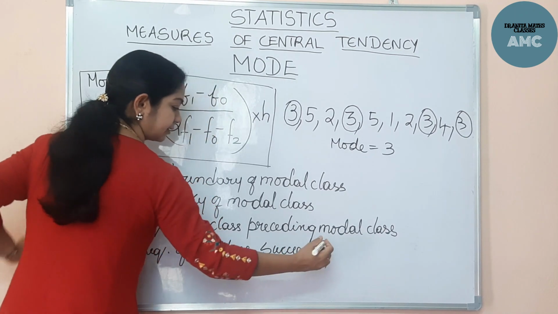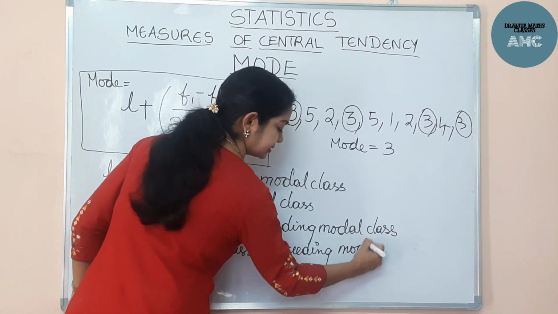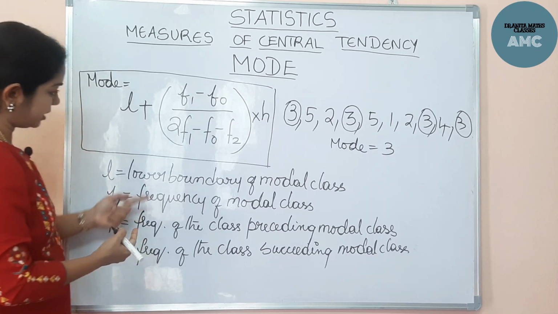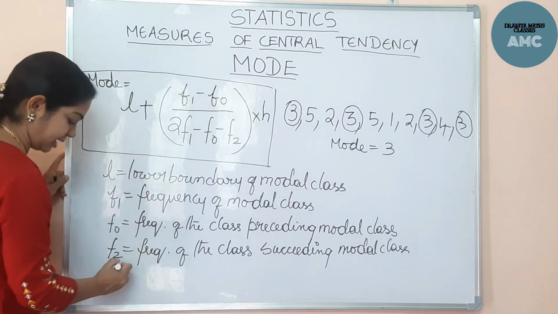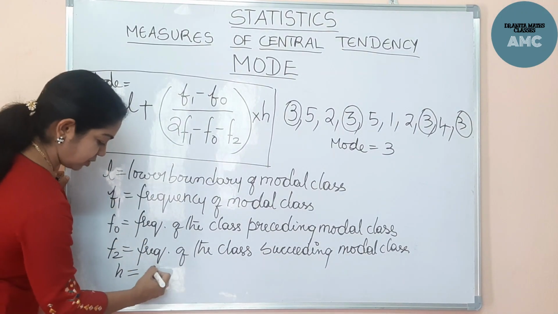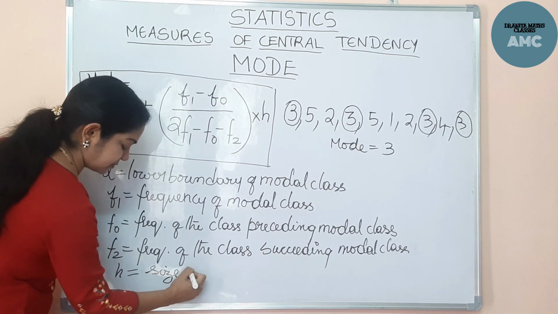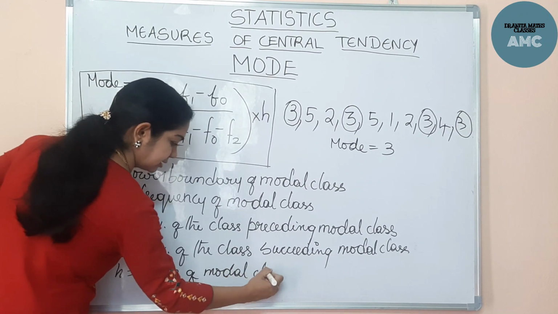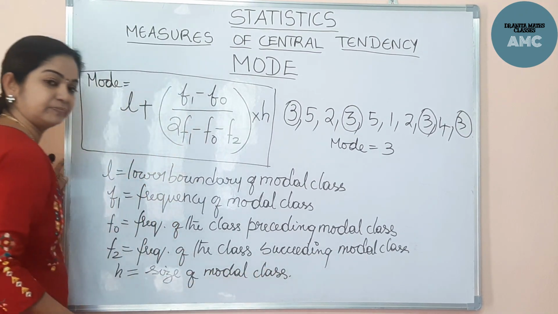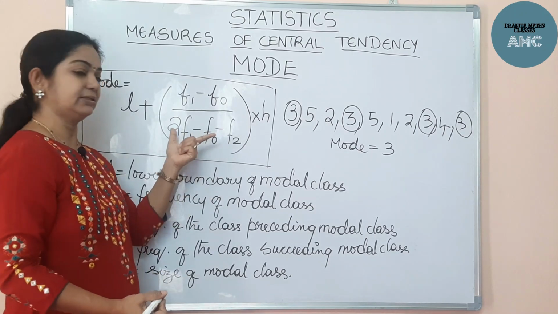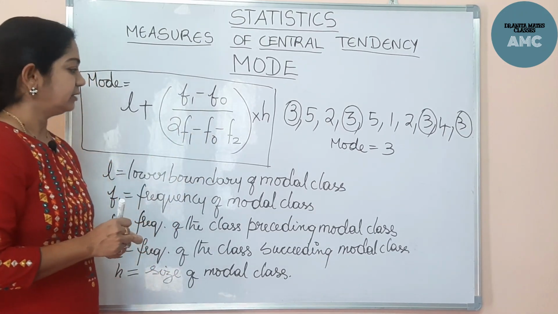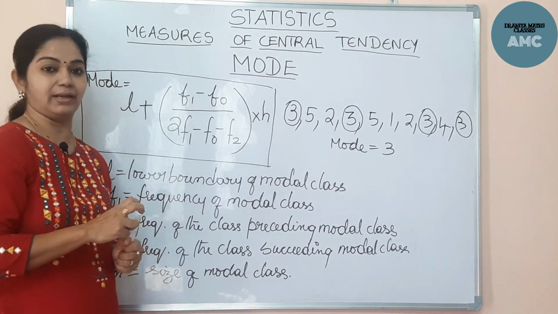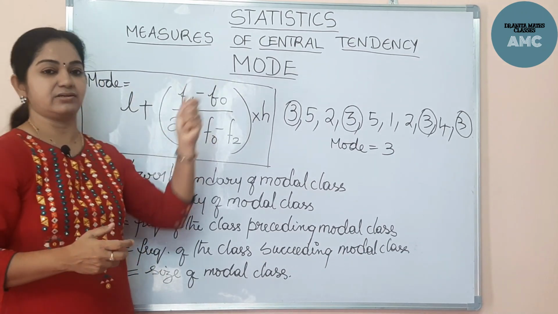And what else do we have to know? H, we know that it is the size or the height of the class interval, the size of the modal class interval. So, these are the terms in the formula. Now, applying these values, we can easily calculate the mode value, which is a measure of central tendency.